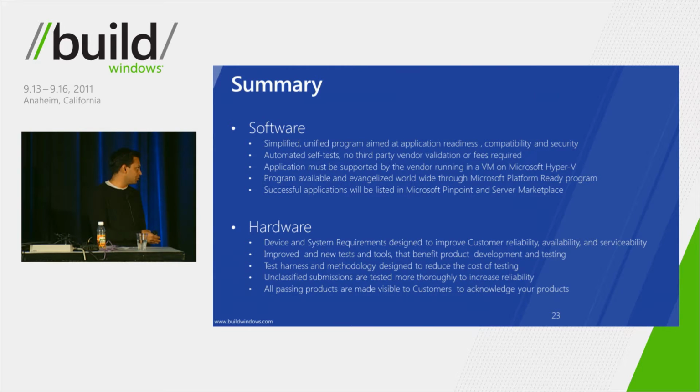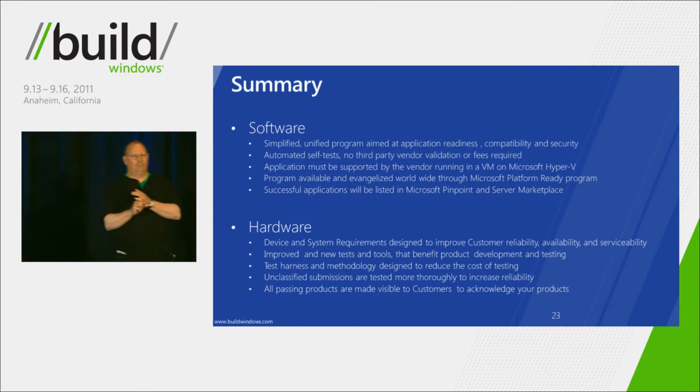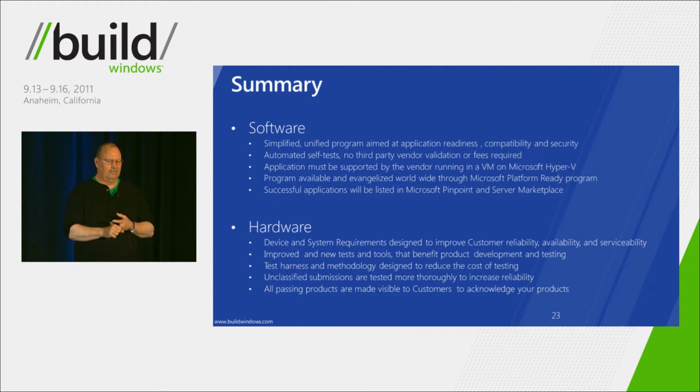On hardware, do you want to do the summary, Sandy? Yeah, very quickly. It's all about RAS, improving reliability, availability, and serviceability. And we worked very, very hard to reduce your test costs. So your development cost should be reduced. Your test costs should be reduced. Hopefully your support costs will be reduced.